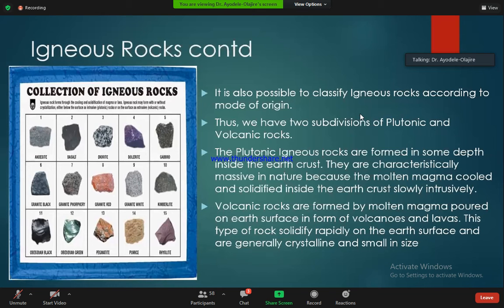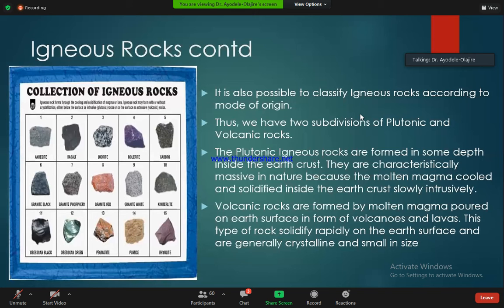And by this mode of origin, we can have plutonic or volcanic rocks. Plutonic igneous rocks are what you find in the depths within the earth crust, while the volcanic ones are formed by molten magma that comes to the surface of the earth crust.